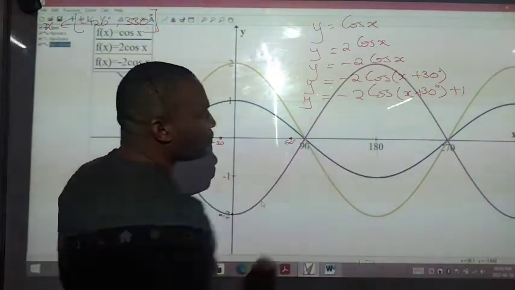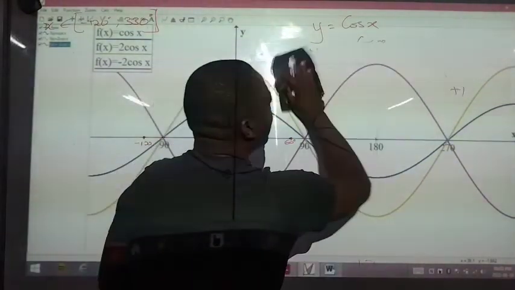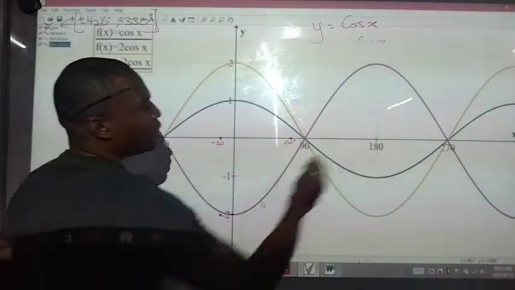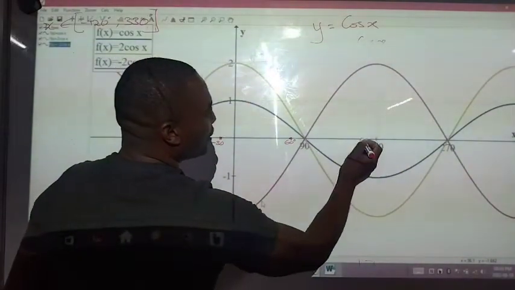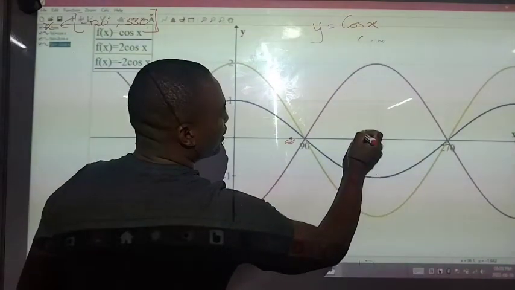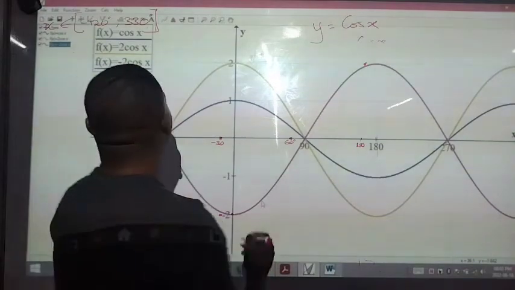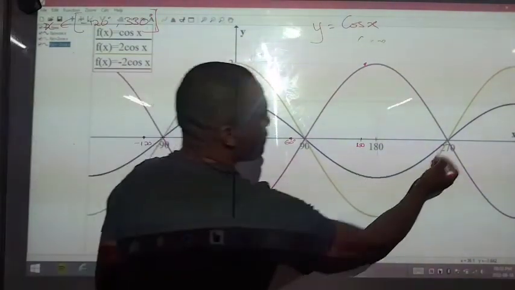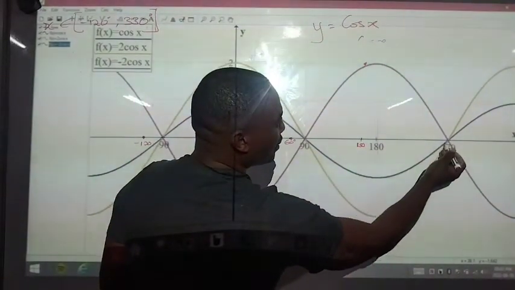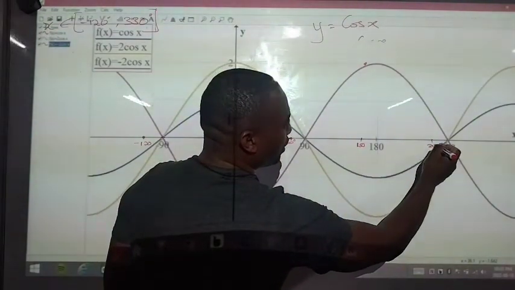This point, it's at 180. So we move 30 degrees, that will be 150. So if 150 is here, then that will be our new point. And then the 270, we move 30 degrees, that will be now at 240.